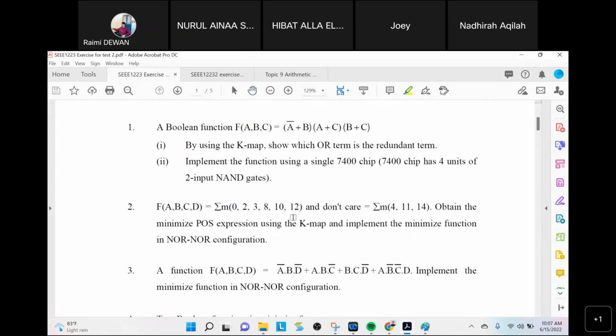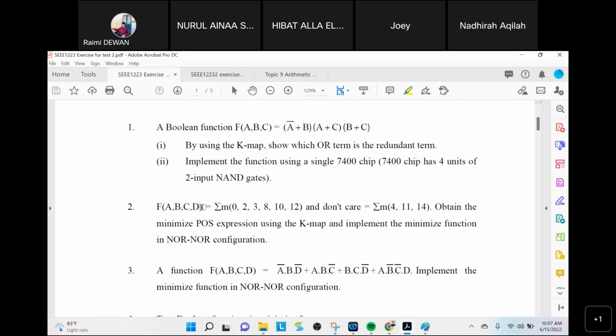Make sure you understand POS and SOP because it is repeated in many chapters, and you need to understand how to solve questions about SOP and POS. So at least you should do this exercise to freshen your memories.